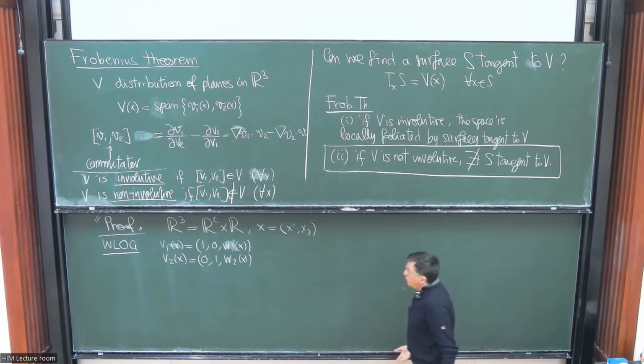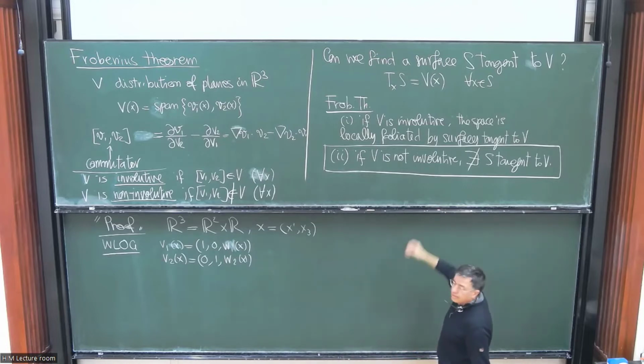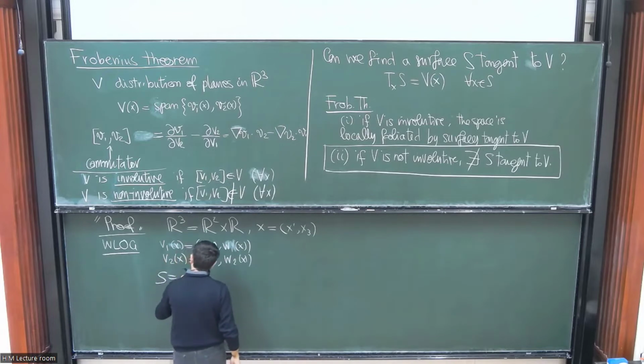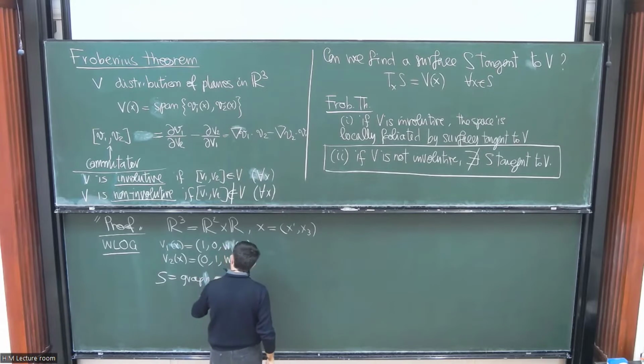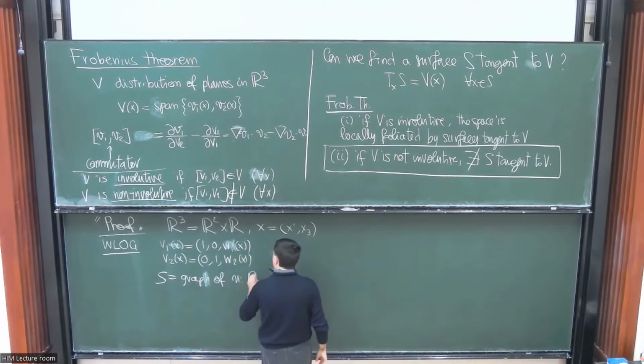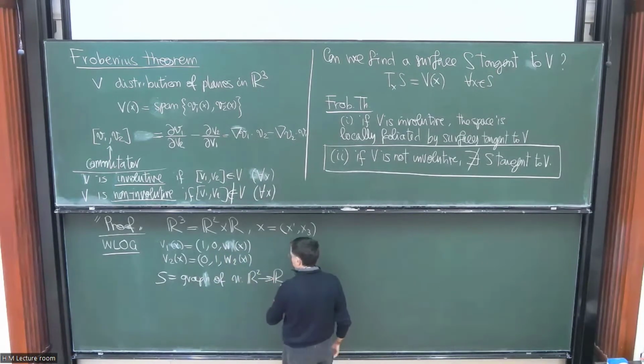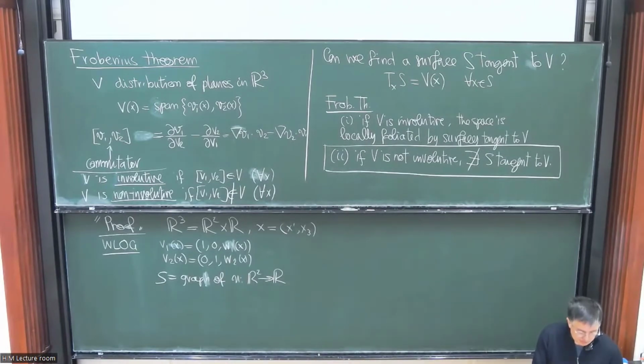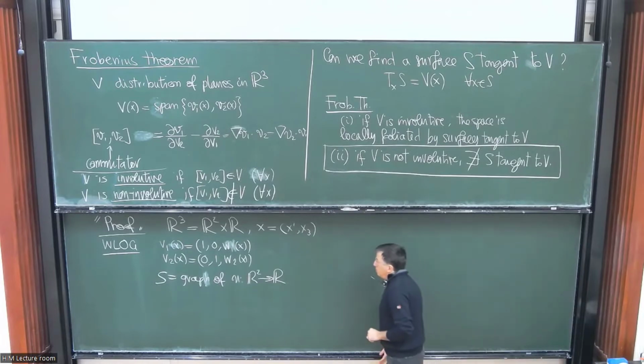Also, with no loss of generality, I can assume that the surface S is the graph of U, which is a function from R2 to R. Okay, again, of course, not all surfaces are graphs, but I can always reduce to this.